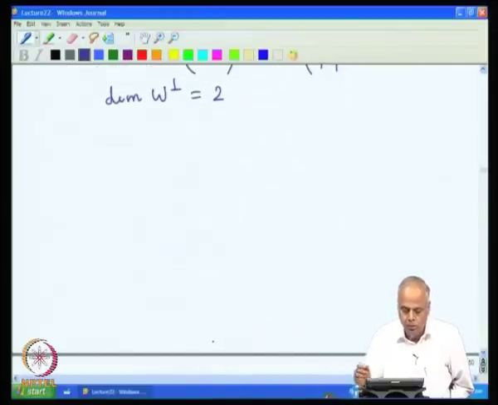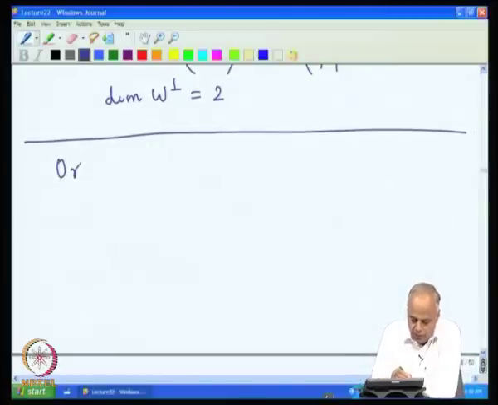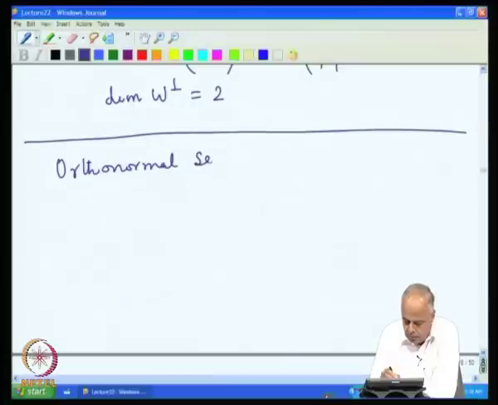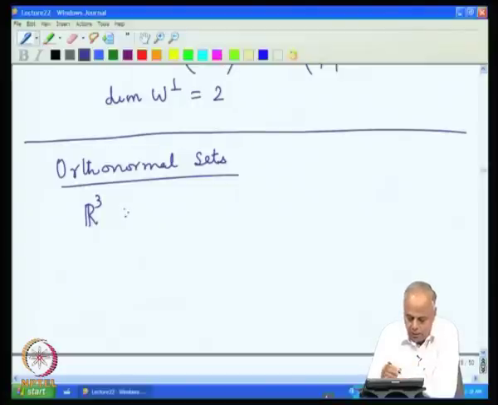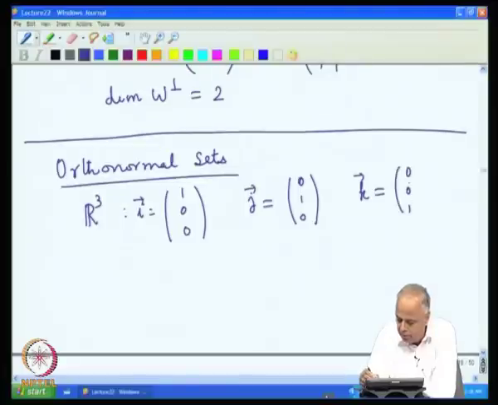Now, we would like to generalize the notion of i, j, k vectors, which leads us to the notion of orthonormal sets. If you look at the R 3 space, take the vector i, whose components are 1 0 0, the vector j, which we denote by 0 1 0, and the vector k, which we denote by 0 0 1.